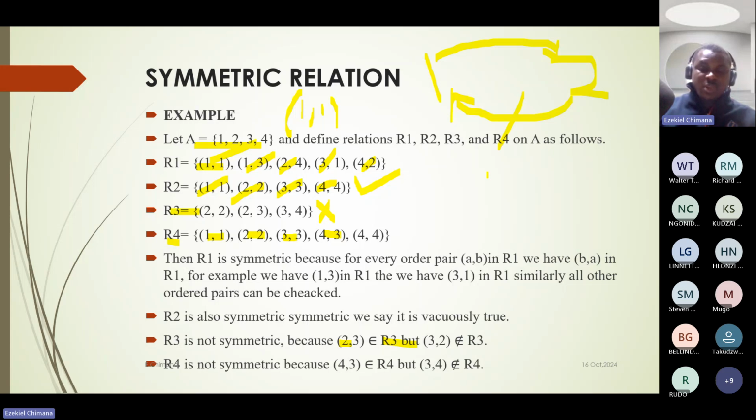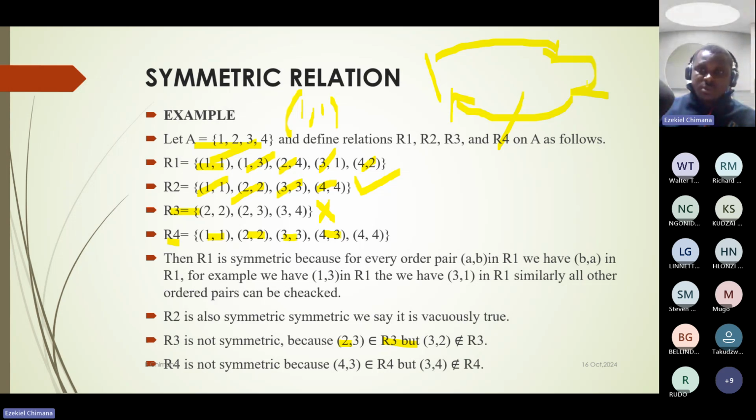I'm sure in the assignment there was a question asking you to draw some digraph, and then you comment on it. Is this reflexive? Is this what relation? So these are things that we'll be looking at. At every vertex, for symmetric, if you have an arrow going to another vertex, you must have an arrow going back from that vertex.